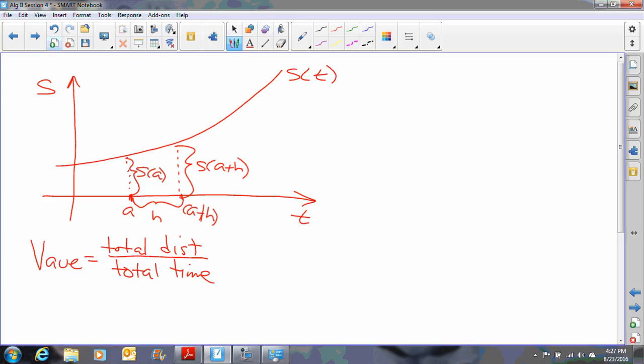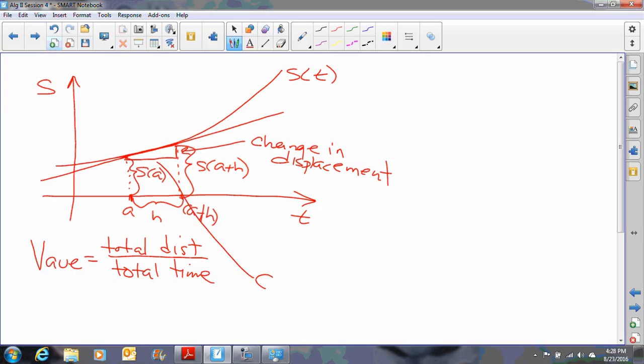So if you look at these 2 points and the secant line that contains those 2 points, this line segment right here represents the change in displacement and this line segment right here represents the change in time.